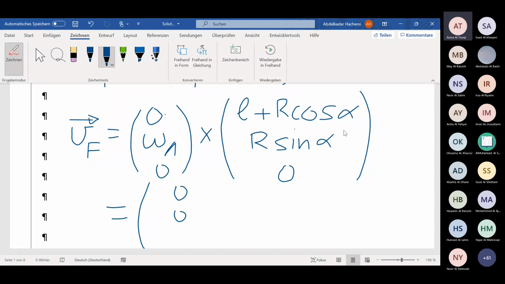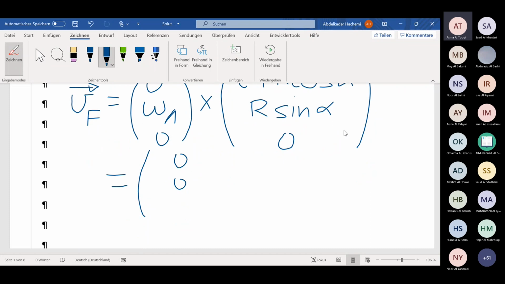Then I get minus omega 1 multiplied by L plus R cosine alpha. Okay, this is the expression of Vf.